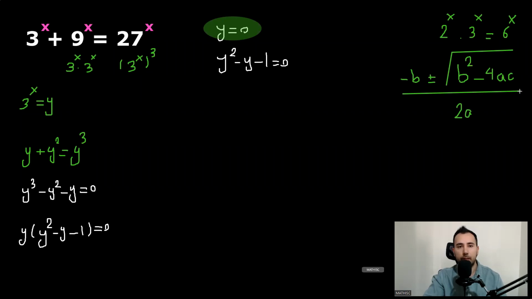Now, looking at this, a would be 1, b would be -1, c would also be -1.